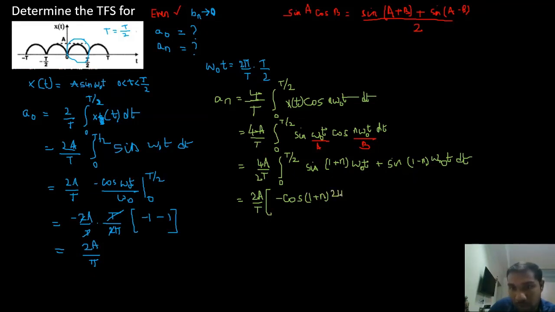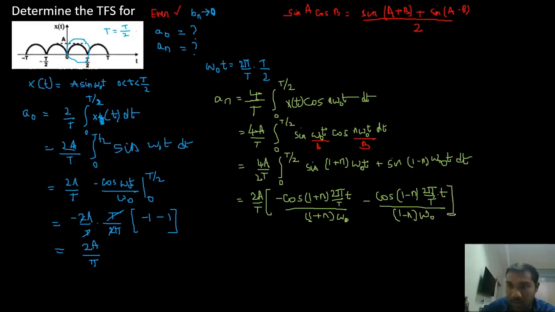Omega naught is 2 pi by T. Into T divided by 1 plus n into omega naught, again minus cos 1 minus n, omega naught is 2 pi by T into T, divided by 1 minus n omega naught, and the limits are 0 to T by 2.